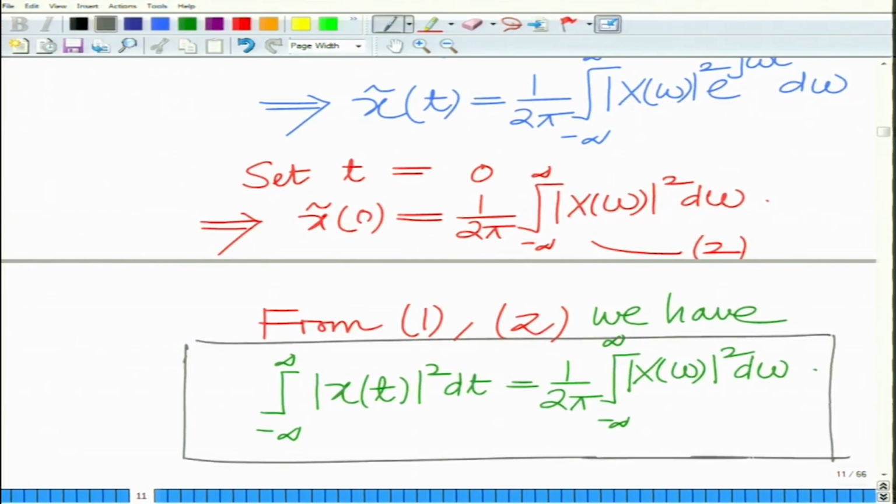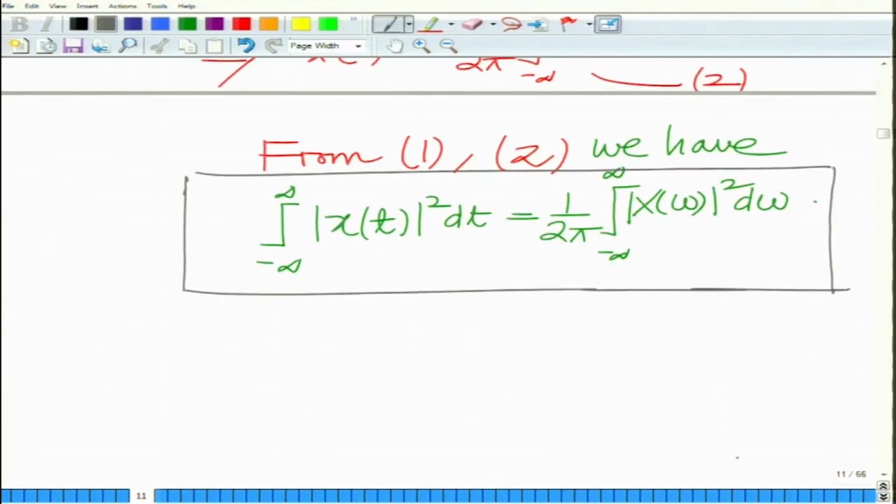And this is basically, that is the energy in the time domain equals the energy in the frequency domain, and this is basically your Parseval's theorem or the Parseval's relation.